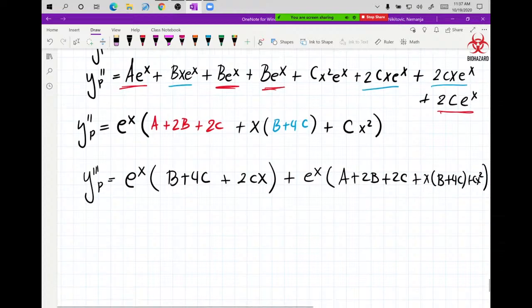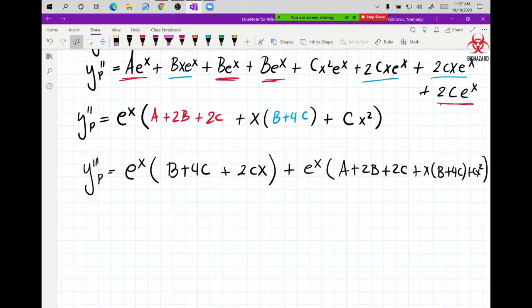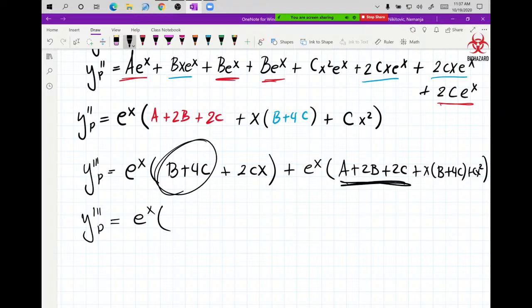Now, factor e to the x and combine the two parentheses, so we have again one product rule for going into the fourth derivative. So e to the x, and now the two parentheses come together. That means I am adding constants, I am adding coefficients of x, and then I just have that one x squared. So let's write cx squared first.